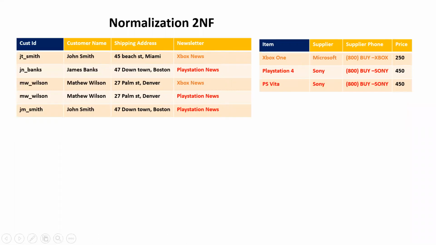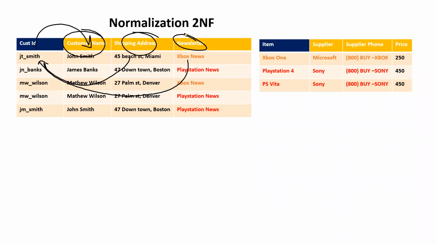Now I am making the table in a second normal form. Now you can see that customer name is only dependent on customer ID, absolutely. Address is also dependent on customer ID only. And which newsletter he opts for is dependent on customer ID only, right? So all the attributes in this table are dependent on the primary key.